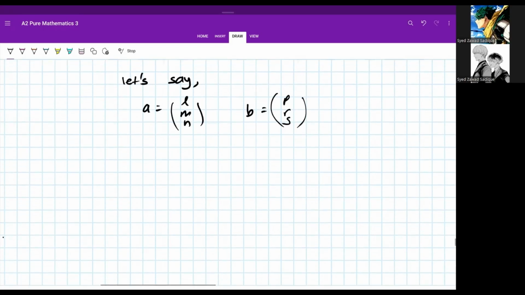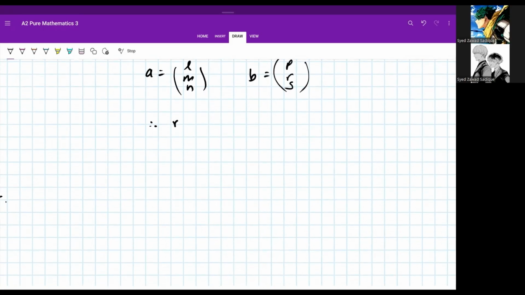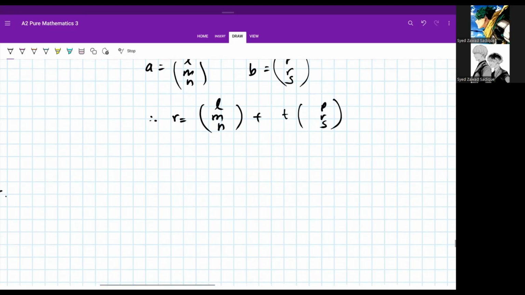Therefore we can say r is equal to LMN plus t PRS.